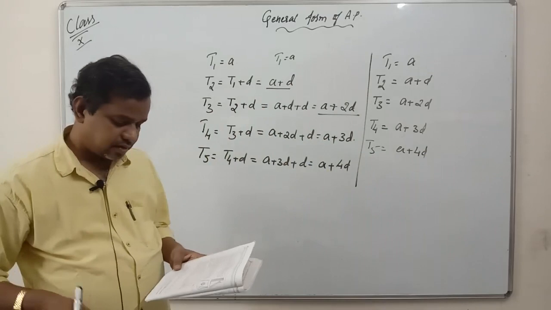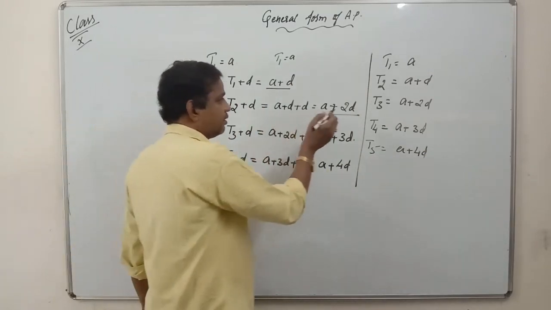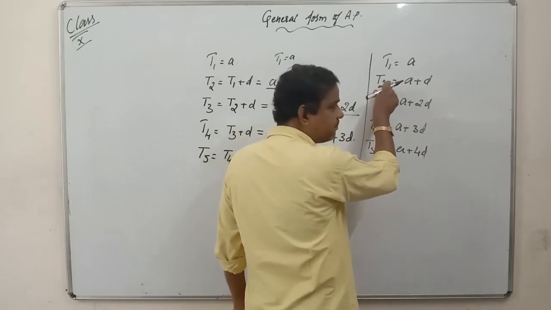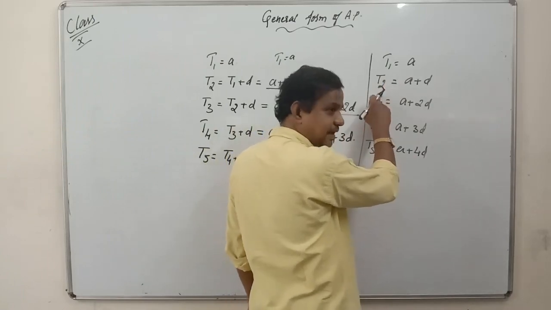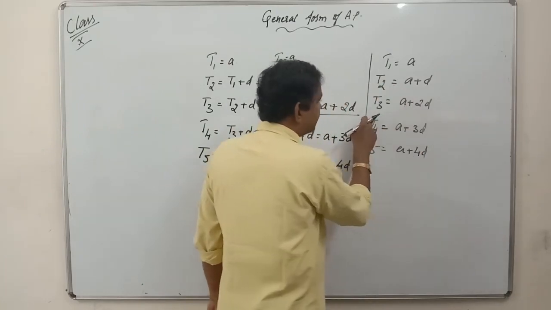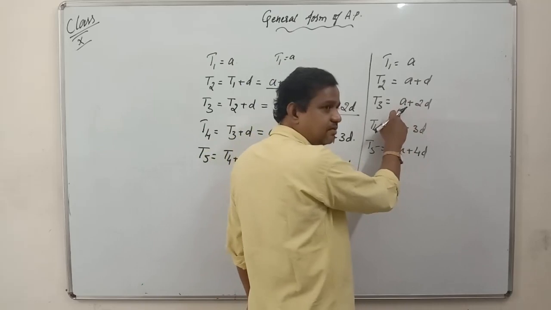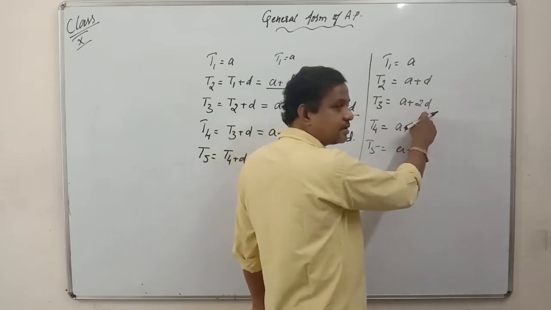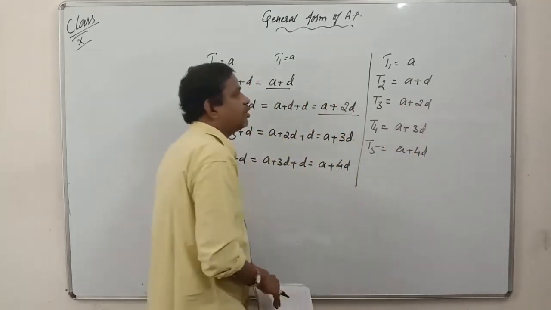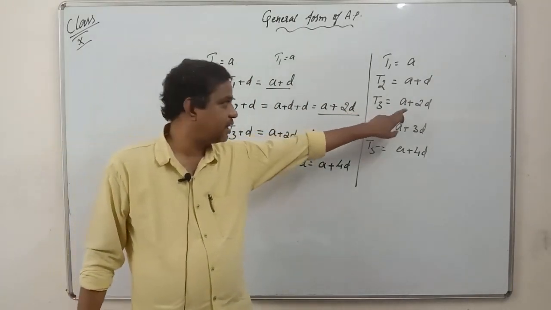So the general formula: T2, the 2 means second term, can be written as A plus d. The third term can be written as A plus 2d, where A is the first term and d is the common difference. So when you want to write the third term, you can write directly A plus 2d.